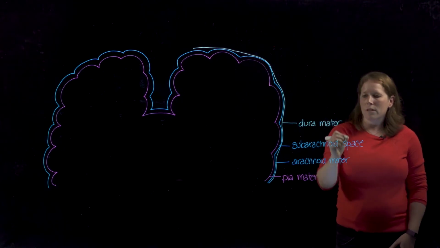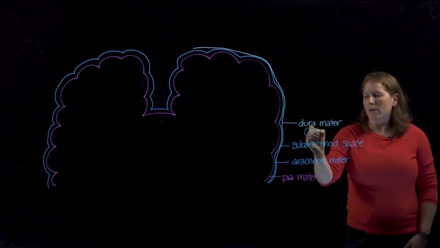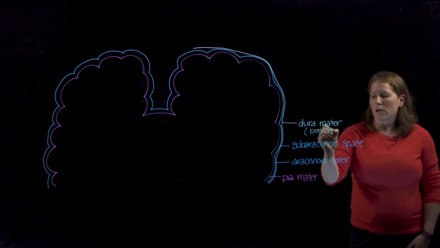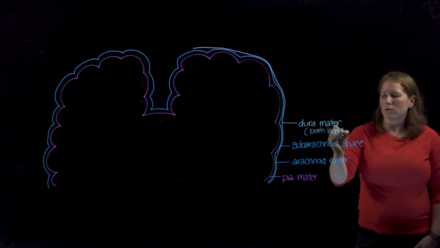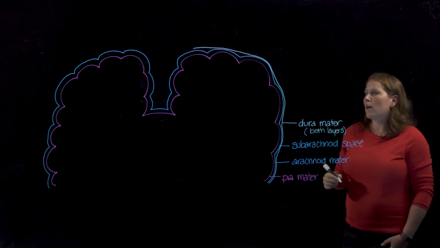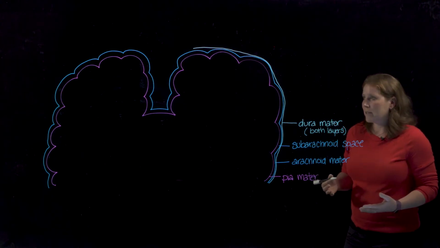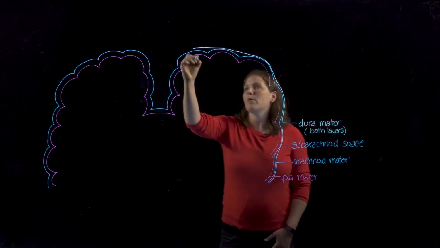And at this point, this is actually a two-layered structure with the layers sort of fused. Now, the reason why it's important to identify that is that at certain areas throughout the brain, those layers will separate, and that's going to happen right here at the top.